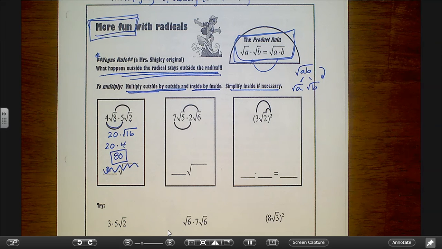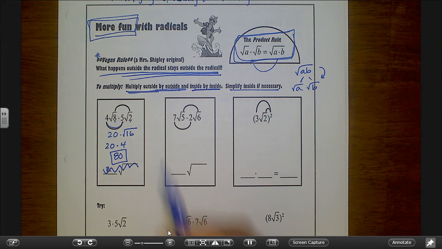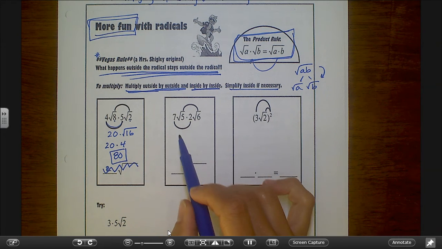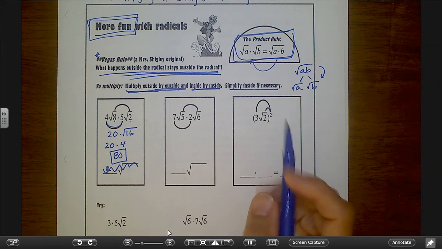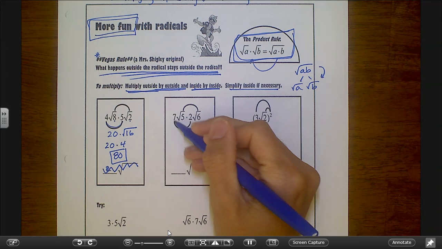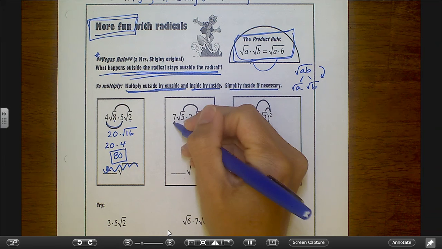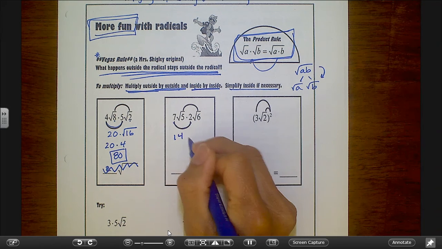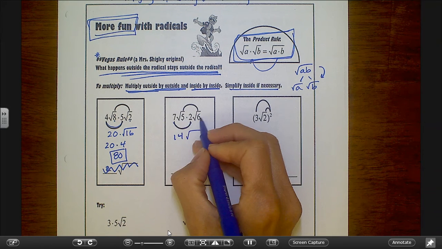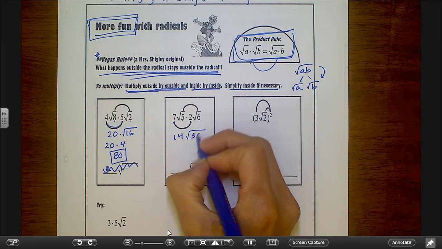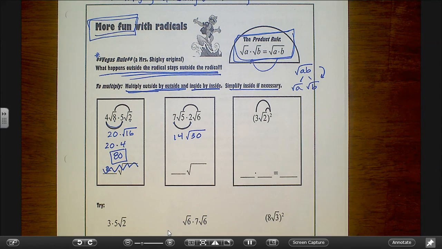Some of these you'll get whole number answers like this. Most of them you'll have a radical in your answer. All right, 7 rad 5 times 2 rad 6. 7 times 2 is 14. Rad 5 times rad 6, 5 times 6 is 30. Now you just have to make sure whether you can simplify.